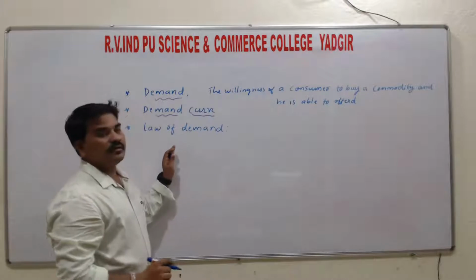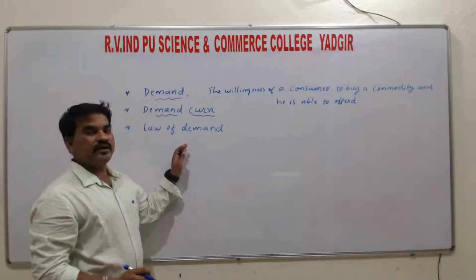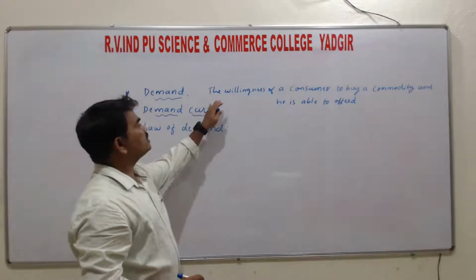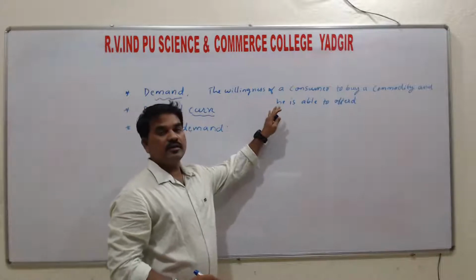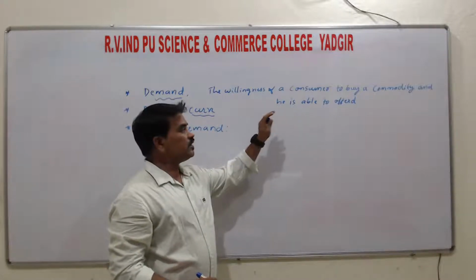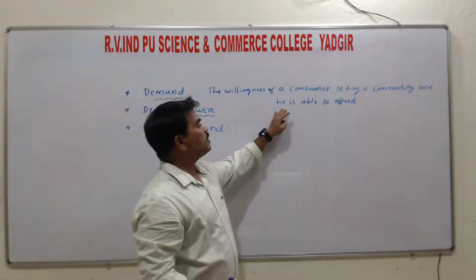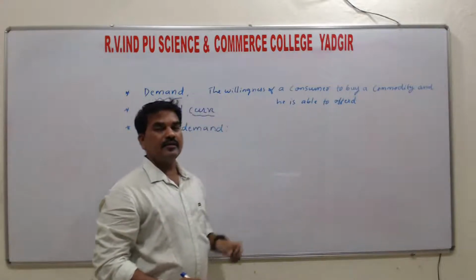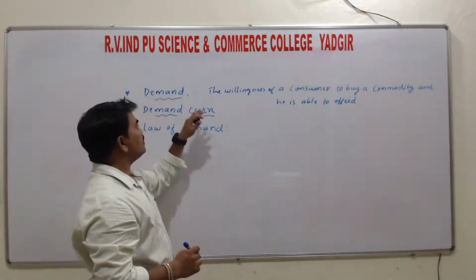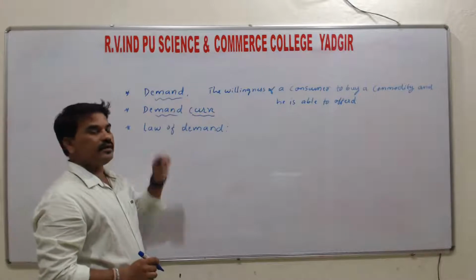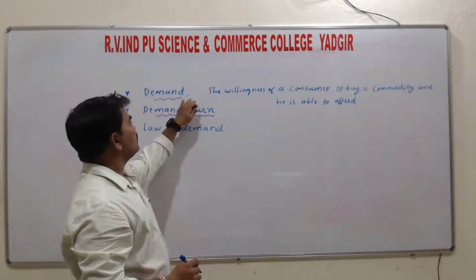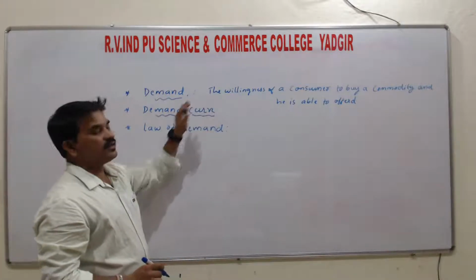So demand for that particular commodity means that it is the willingness of a consumer to buy the particular commodity X and he should be able to offer that commodity. Then only we can say there is a demand for that commodity X. Okay, that we can define in this way.